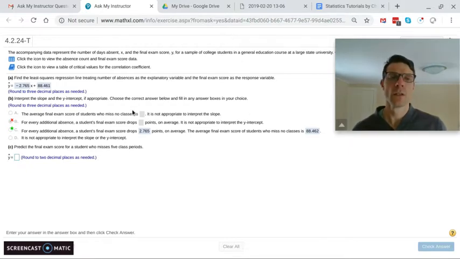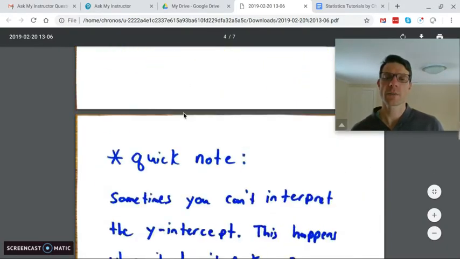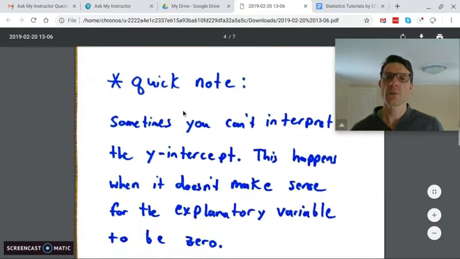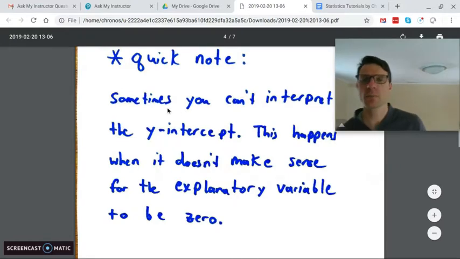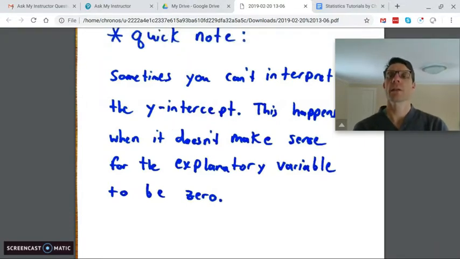Now, I have a quick note here. You can sometimes get different kinds of answers for this. Sometimes you can't interpret the y-intercept. In this case, you could. This happens when an explanatory variable of 0 doesn't make sense. For example, if you were looking at the cost of a house as the response variable, and the explanatory variable was square feet.